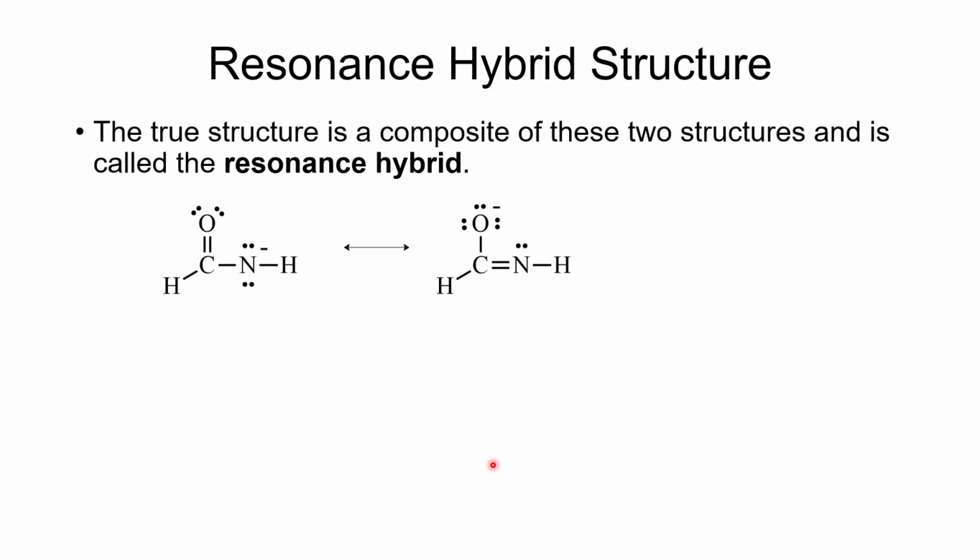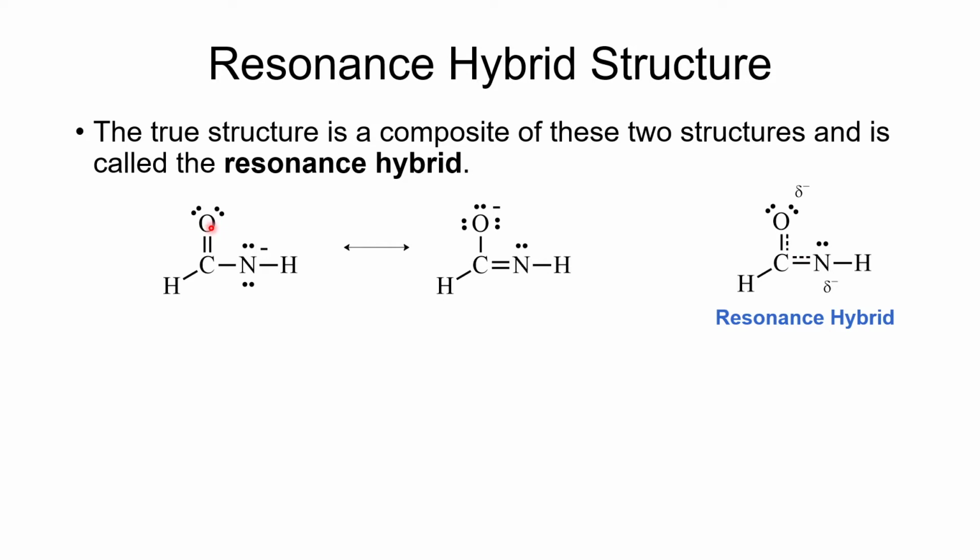All right, so the structure that we're going to come up with that's somewhere in between, we will call a resonance hybrid. The resonance hybrid, as I mentioned, is somewhere in between. You'll see here that we've got a double bond between carbon and oxygen, and here is a single bond. Well, in our resonance hybrid, we've got about 1.5 bonds between carbon and oxygen. Here we've got a double bond or a single bond between carbon and nitrogen. Well, there's about 1.5 bonds between carbon and nitrogen here.